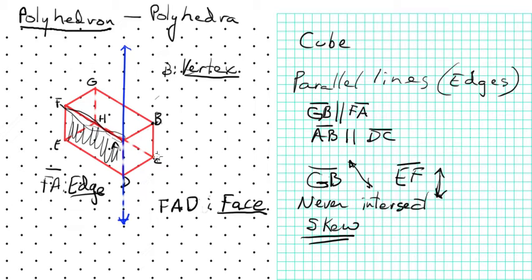Alright, so this goes through the plane FGB, which is on top, okay? It passes through plane FGB. At this point, we're going to call this W, okay? So it passes through this plane at point W.